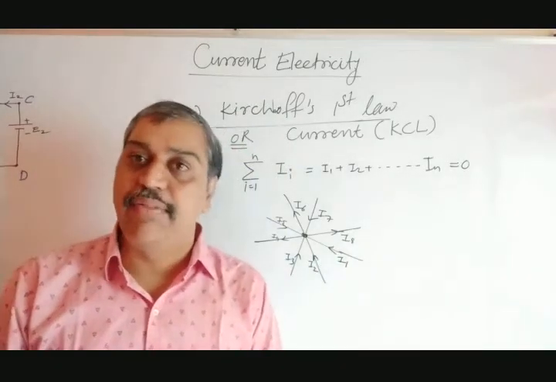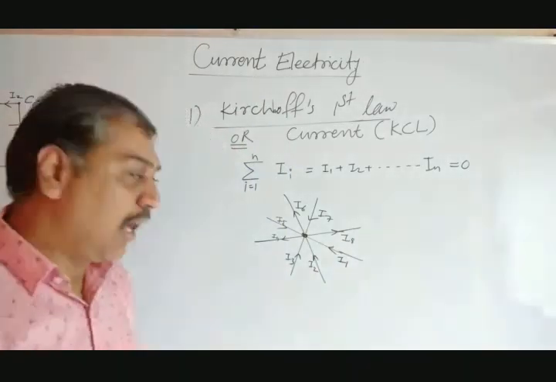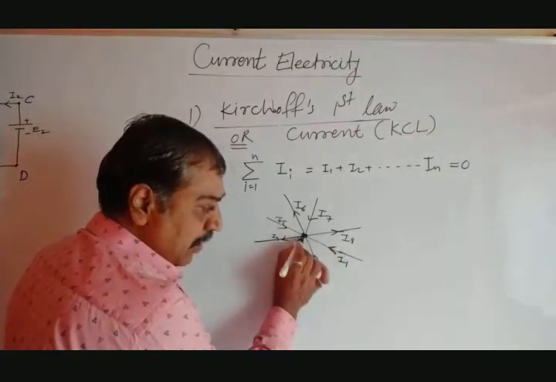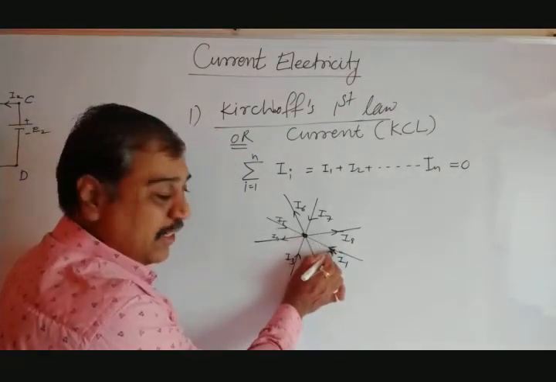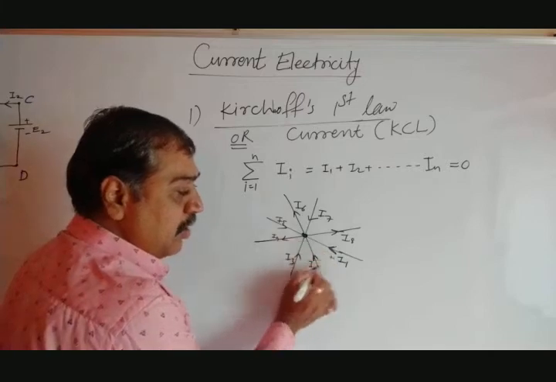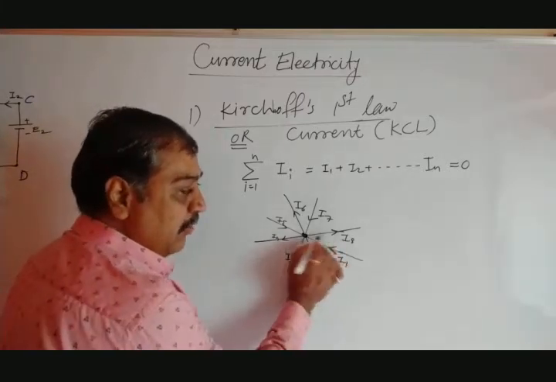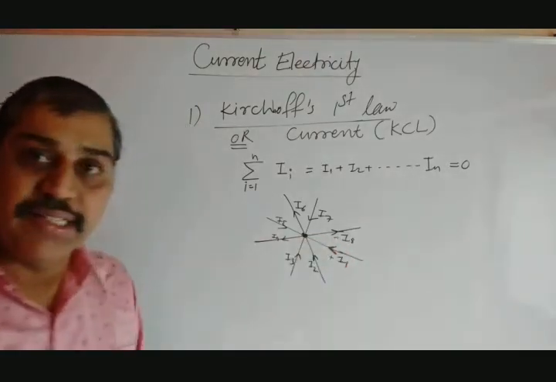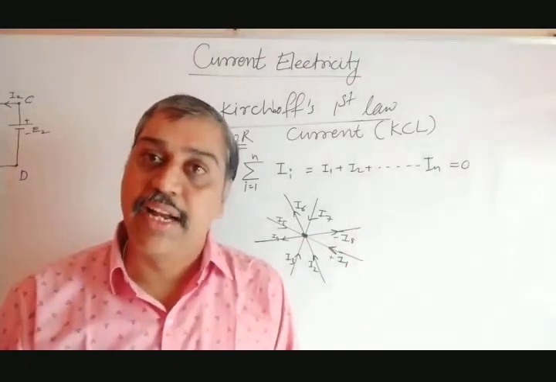But here, with the sign convention, the current which is coming toward the junction, like I1, is always taken as positive. The current which is going away from the junction, just like I8, is always negative. That sign convention we have to use.